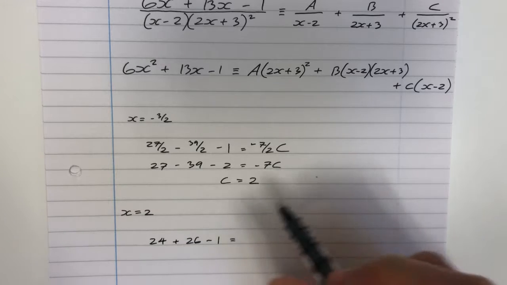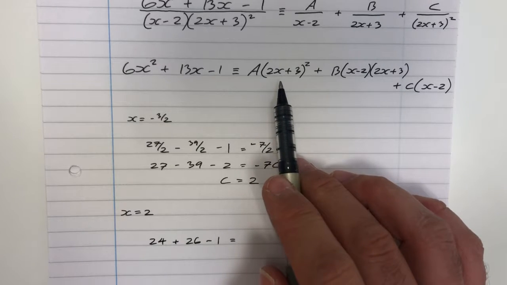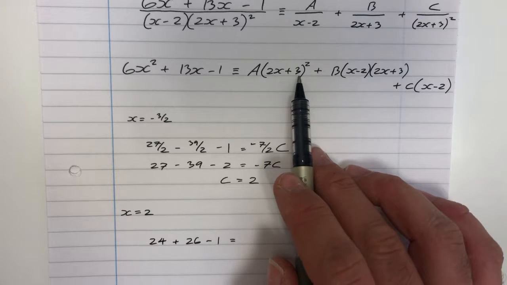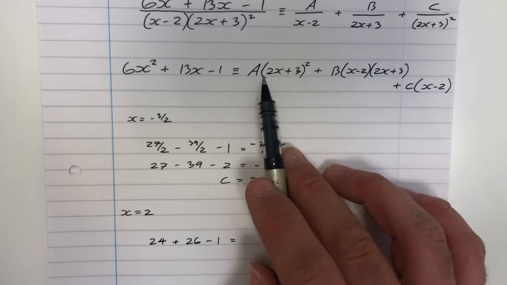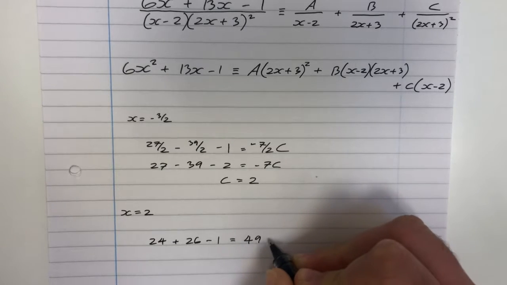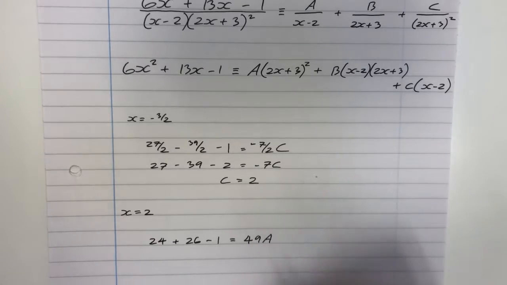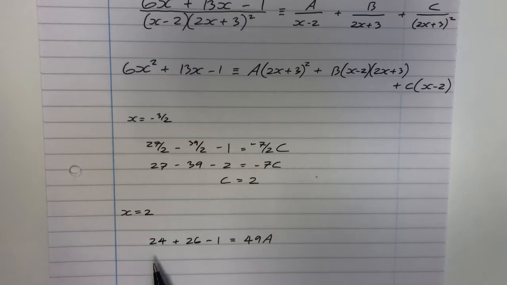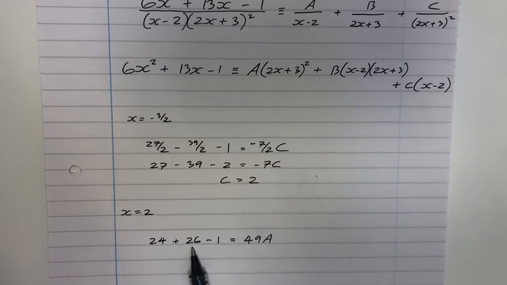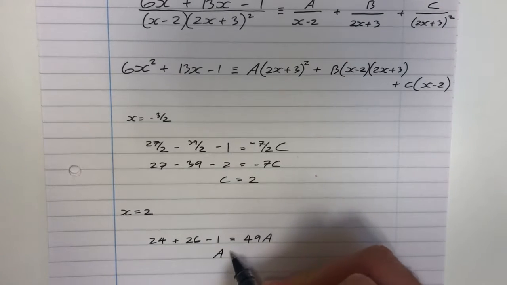And that's going to equal 2 times 2 is 4, plus 3 is 7, 7 squared is 49. That's going to be 49a. And of course those two are 0, so I can ignore those. 24 plus 26 is 50, minus 1 is 49. 49 divided by 49, I get that a is 1.